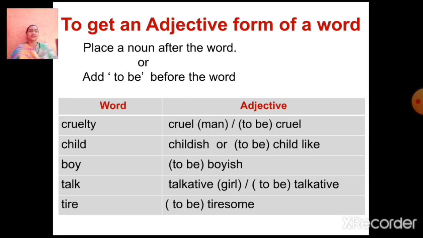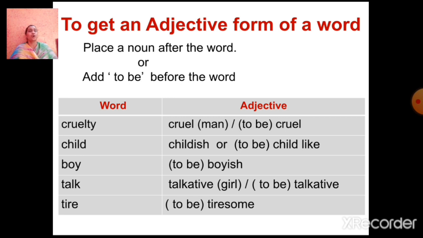The next word is talk. Here the word talk is a verb. Now let's see this with a sentence. I don't want to talk to you. Now, to talk means this word is a verb. Now we need to form an adjective from this verb.